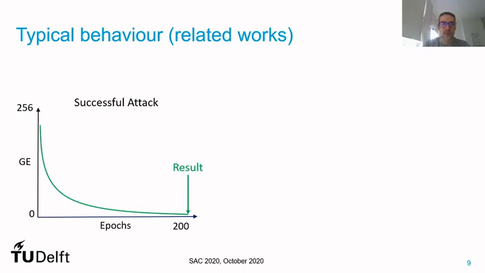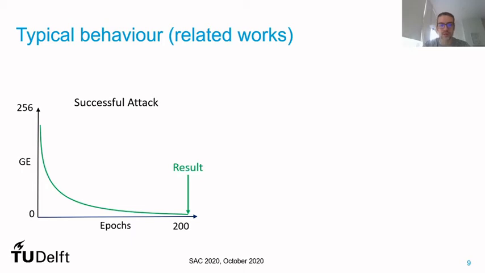So in this slide, I will discuss the typical behavior that we see in related works and also in our experience with this topic when we are conducting an attack. In order to have a successful attack, when you are measuring the guessing entropy of one attack byte, you set, let's say, 200 epochs, and then you start your training process.